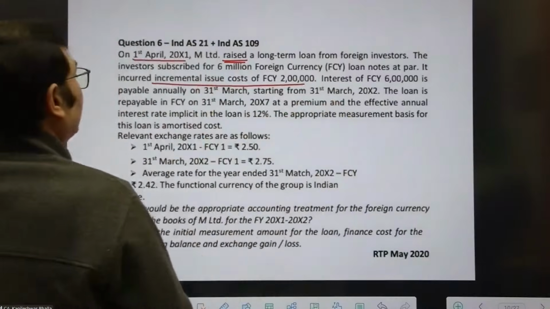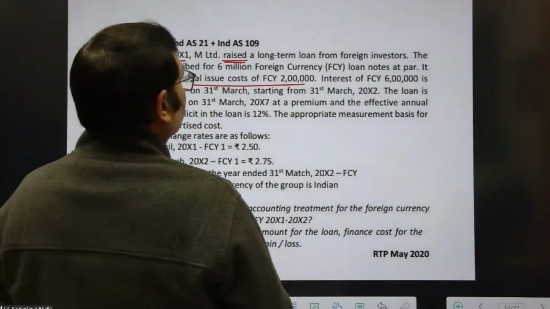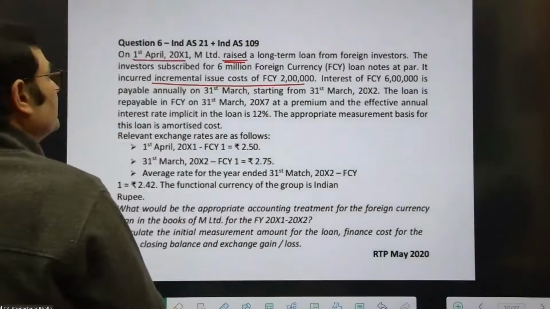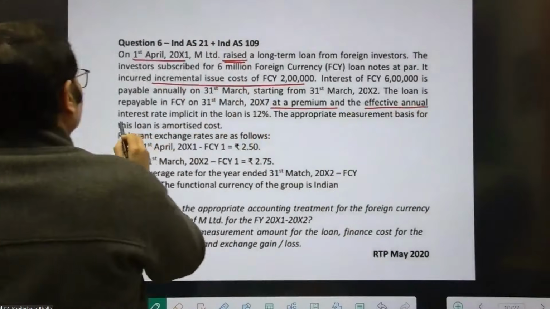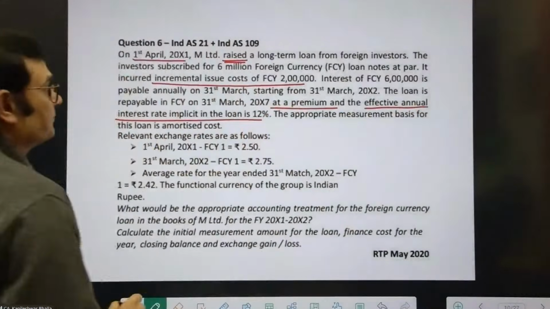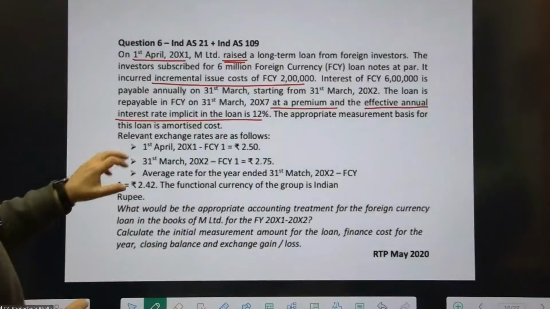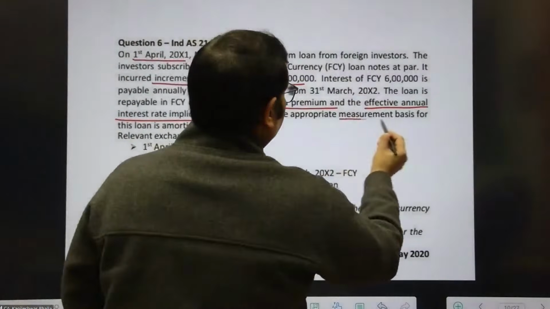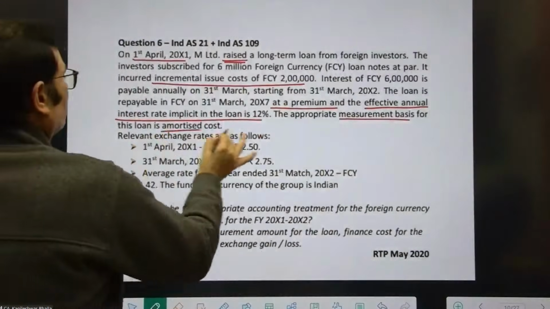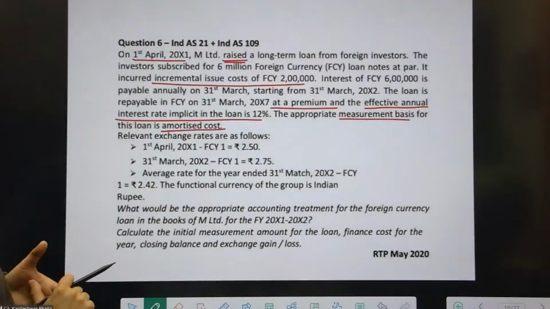Interest is payable annually starting from 31st March X2, and the loan is repayable at a premium, and the effective interest rate is given as 12%. So in this particular case, we are very clearly given the EIR, and then it says the appropriate measurement basis is supposed to be amortized cost, very clearly stated.